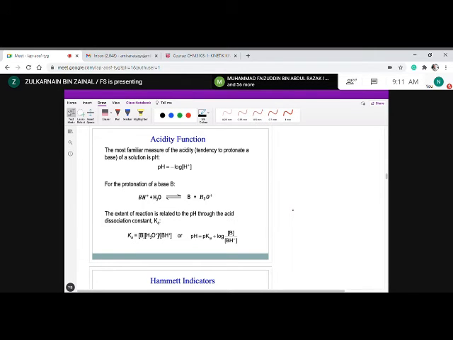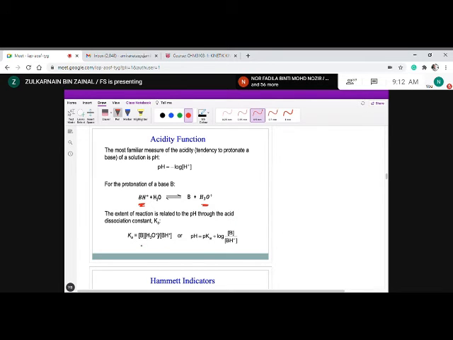For protonation of base B, B plus H3O plus gives BH plus plus H2O, the protonated base BH plus. If you consider this as a general form of acid, it will also be in equilibrium with H3O plus.